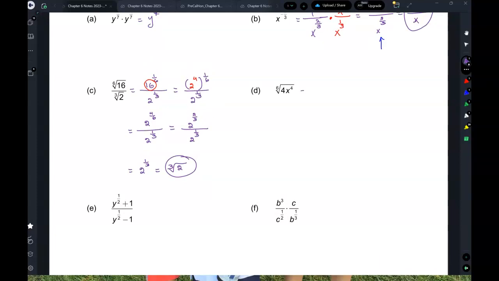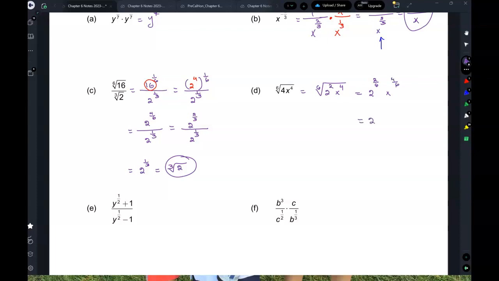Okay, I have the 6th root of 2 squared and x to the 4. I'm just writing it as like an elemental base. So this is the same as 2 to the power of 2 over 6 and x to the power of what? 4 over 6, right?